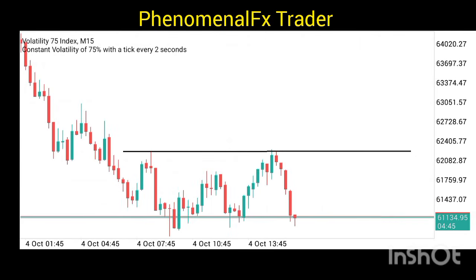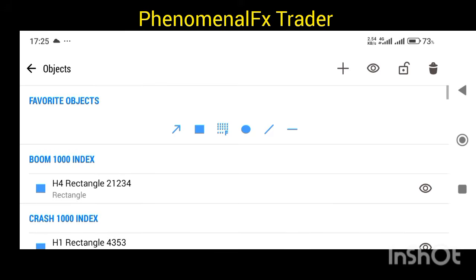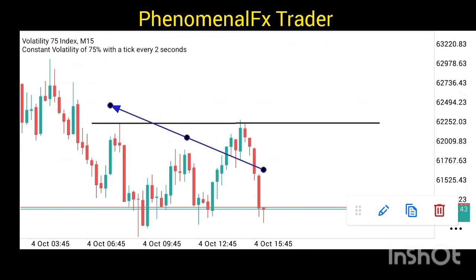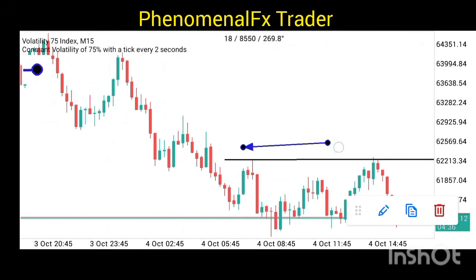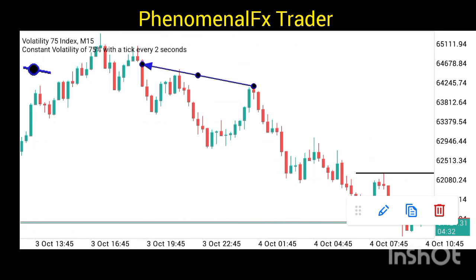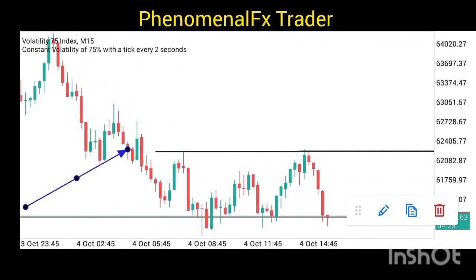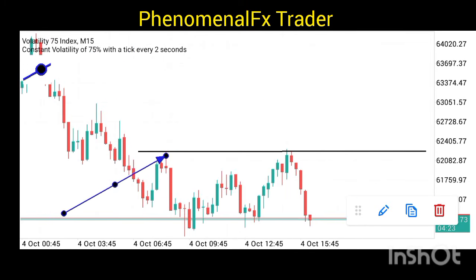So if you want to ask, how do I know the market is ready to buy? If you look at the 15 minutes time frame, there is a market structure there, which you can easily identify that the market is still bearish. You can see it kept on creating lower highs and lower lows until it created this lower high.